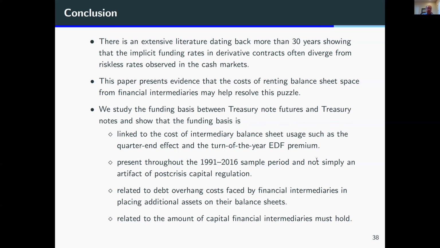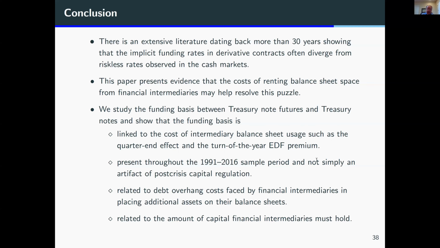Hopefully I've been able to convince you that it's linked at least to the cost of balance sheet usage, in terms of the quarterly effects or the turn of the year Eurodollar futures premium. It seems to be present throughout the entire sample period and not just simply an artifact of post-crisis capital regulation.